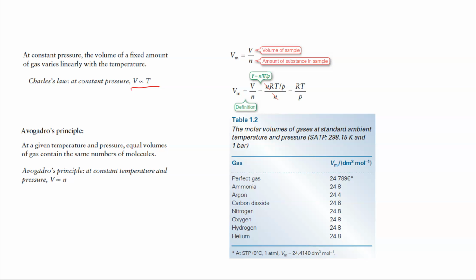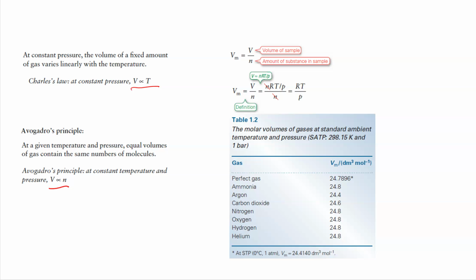Another approximation is going to be Avogadro's law, and that states that at a given temperature and pressure, equal volumes of a gas contain the same number of molecules. That's an interesting way to say that the volume of a gas is proportional to the amount of the gas.